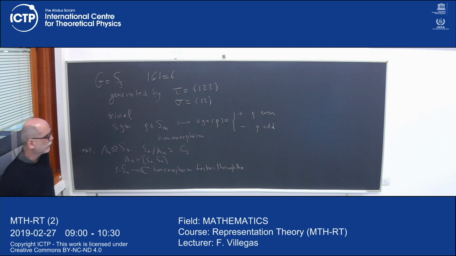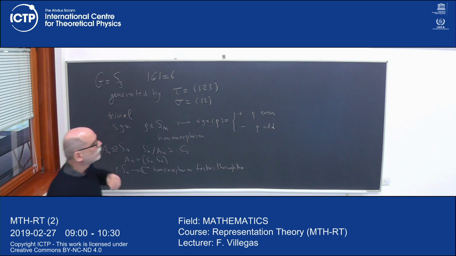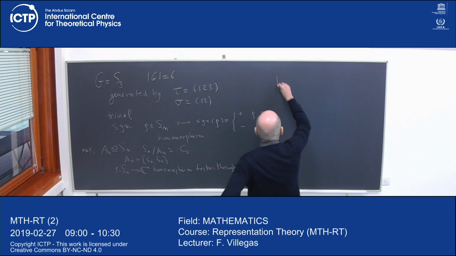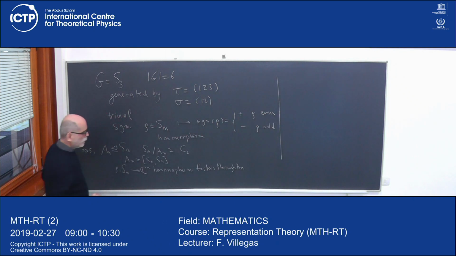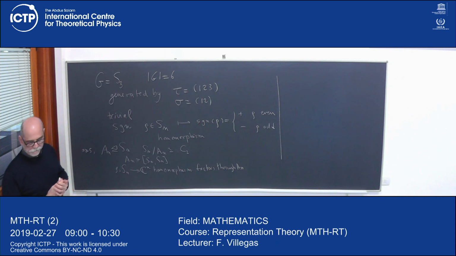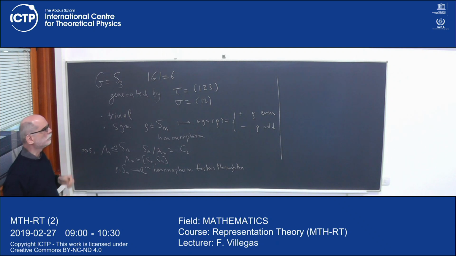So Sn in general, at least from 5 on, has only two one-dimensional representations, which are the sign and the trivial. These are always there, and they're the only ones of degree 1.